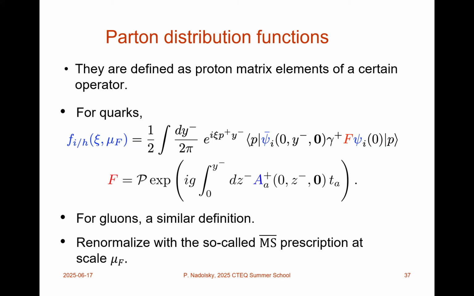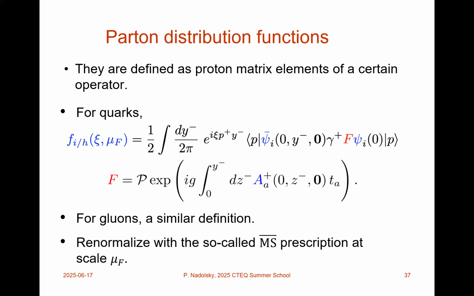Now, if we start discussing these higher order corrections, do we still have a unique definition? The answer is that in general, no. You can define the parton distribution functions in many ways. In practice, there is a standard definition in the so-called MS-bar scheme based on the matrix element of a certain operator, which is shown here.